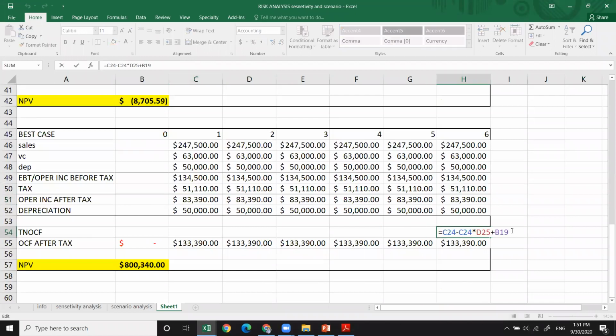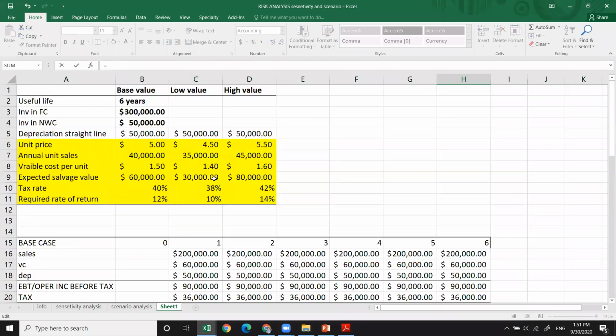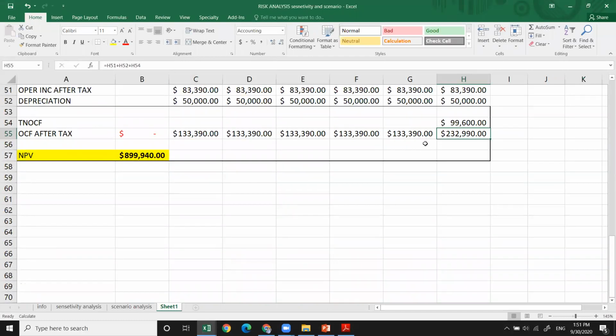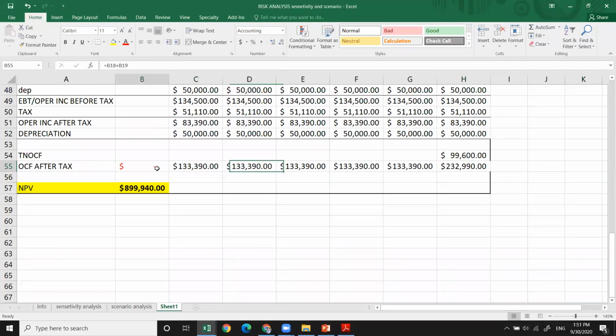So we are coming to salvage value. So highest minus this times with the lowest tax rate and plus the change in net working capital. And my investment cost.